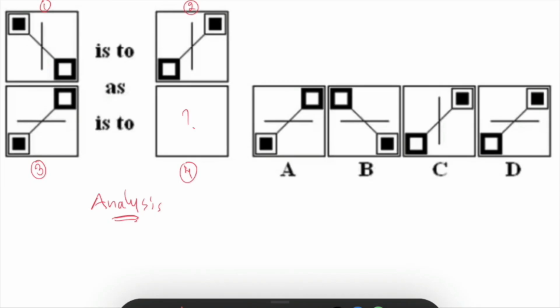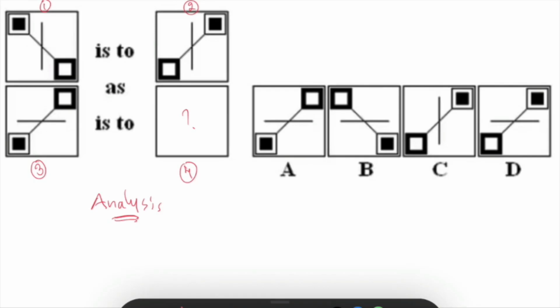If we apply this relation to pattern 3 and 4, I can figure out pattern 4 among choices A, B, C, and D. So let's predict what pattern 4 could be like.